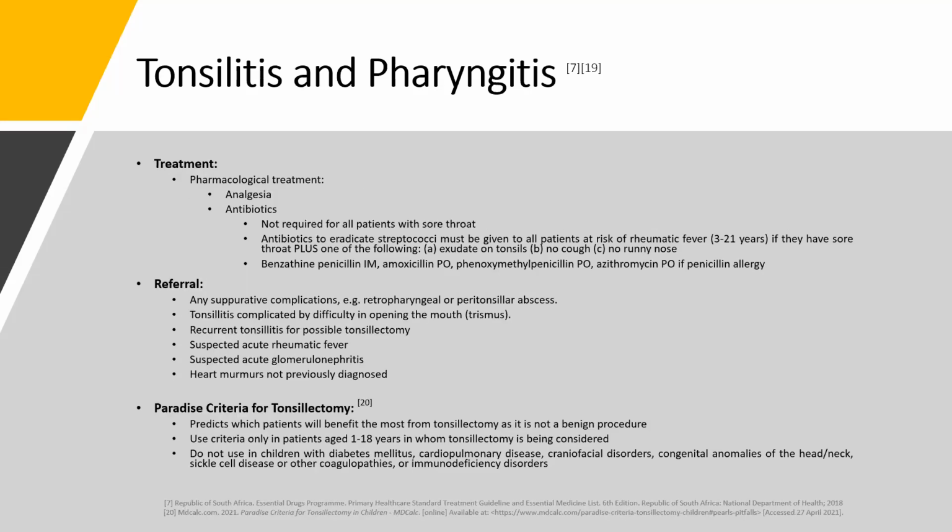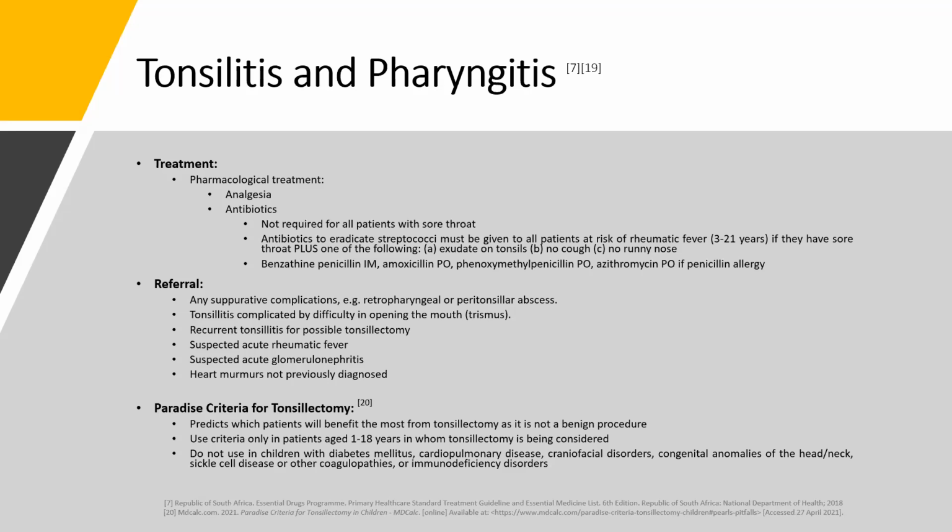Furthermore, analgesia is recommended, and then antibiotics are not required for all patients presenting with a sore throat. If you are particularly concerned that this could be a strep throat and the patient is at risk of rheumatic fever, then antibiotics can be prescribed.